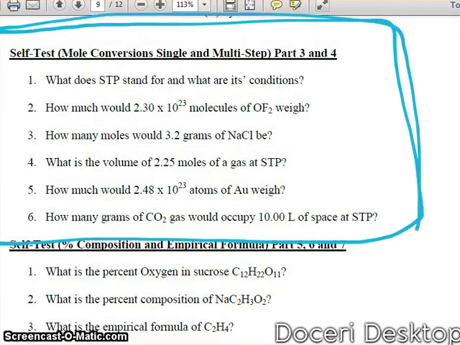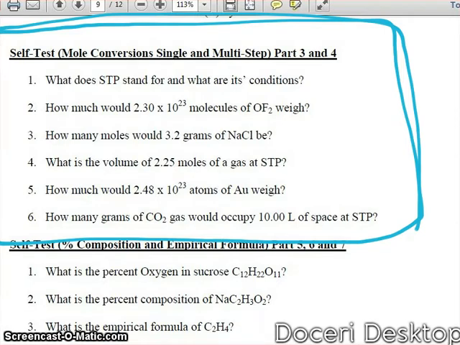If you can answer the questions in this self-test, you should be absolutely fine to take the quiz on Friday and be successful. If there's any of these that you don't understand, I encourage you to go to Miss Wagner or talk to our sub and see if you can't get an explanation for this. Okay? Remember that dimensional analysis is the key to understanding how to do this.